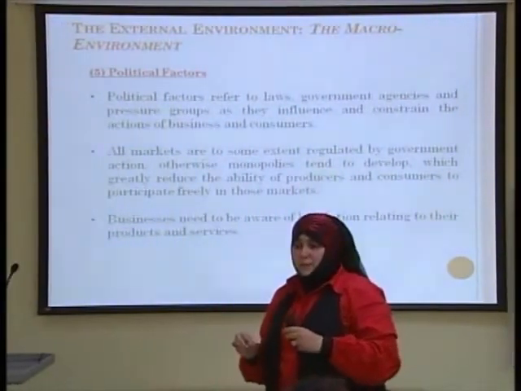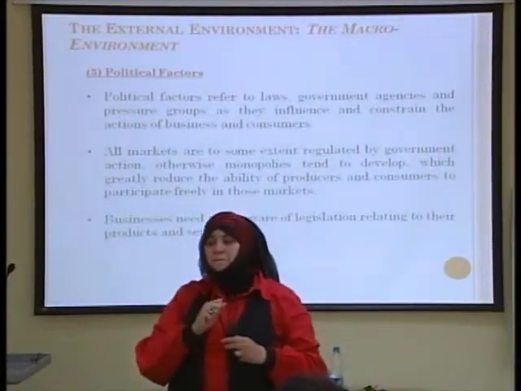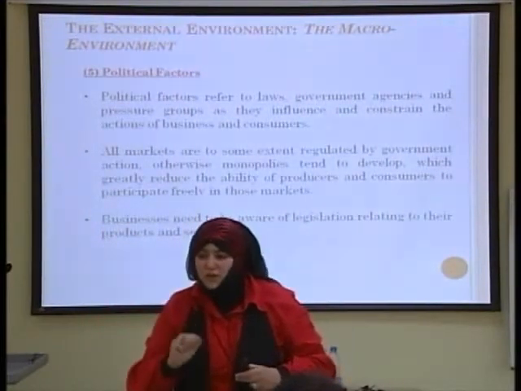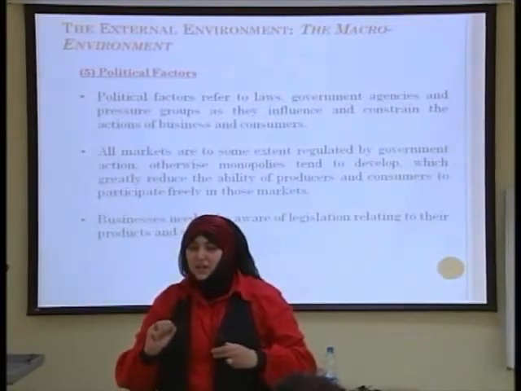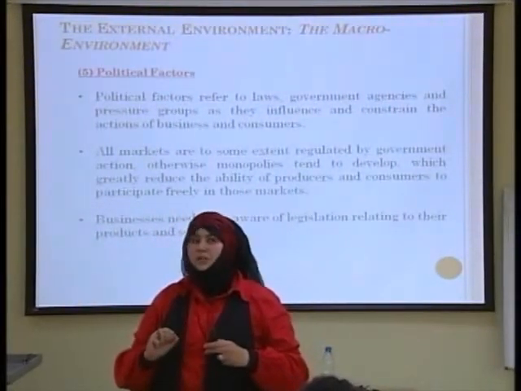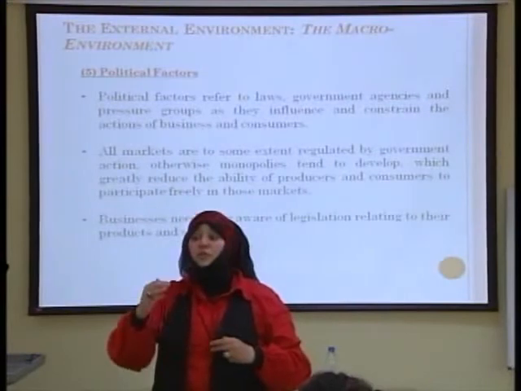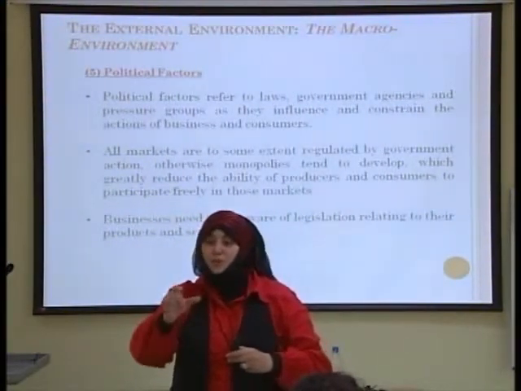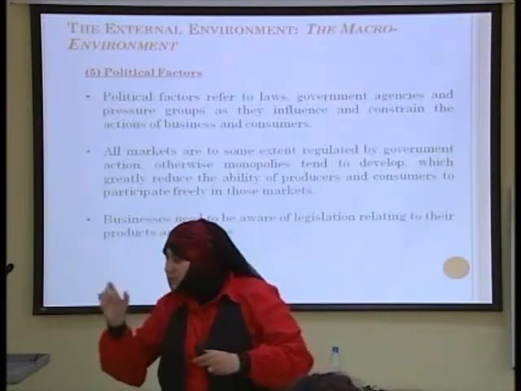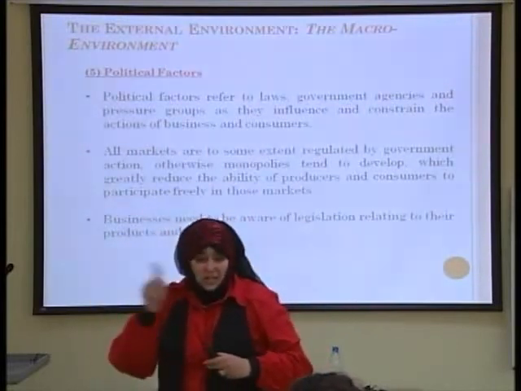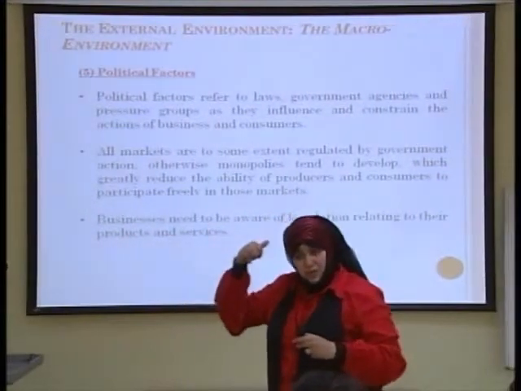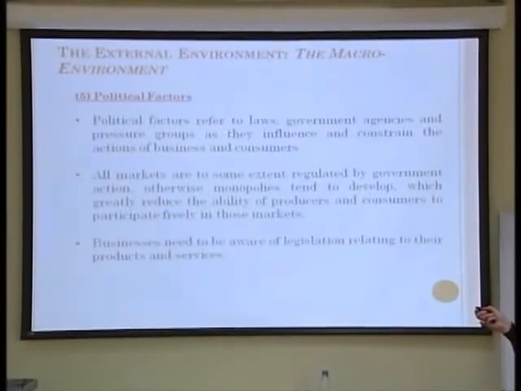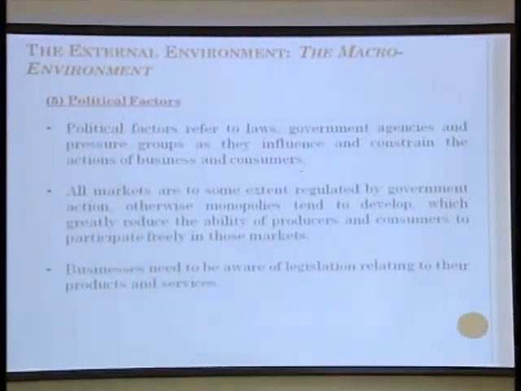Sometimes it's forbidden to import one of the raw materials, according to government regulations. For example, taxation is applied on your product, so you need to know if this product is taxable or not, right? All these aspects are related to governmental actions, regulations and laws, and they affect the marketing aspects.